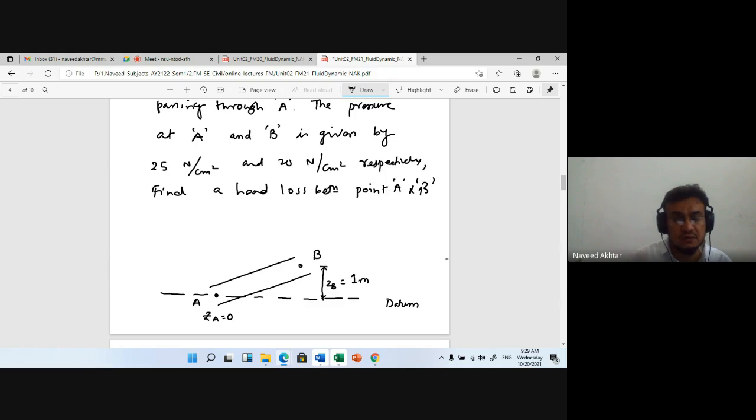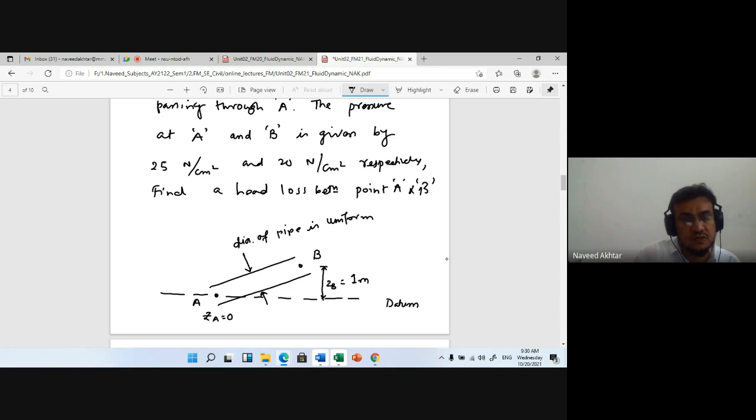So ZB is equal to 1 meter. Now the pipe has a uniform diameter.